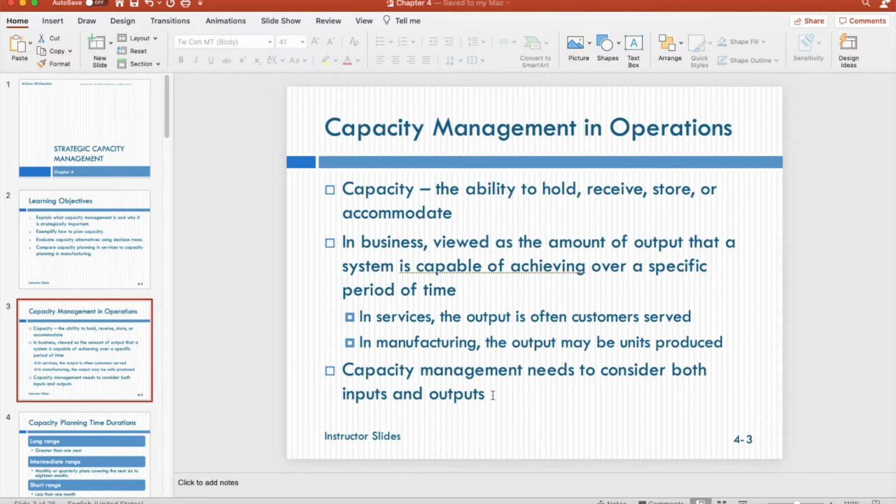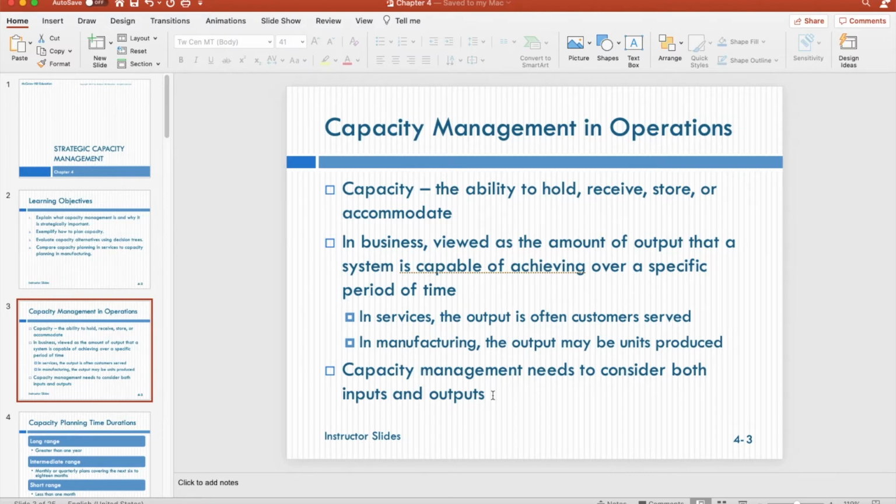Why? Think about this. Why a higher capacity level doesn't indicate that your overall performance level is better? The reason is quite simple, all right? Because each time you try to improve your capacity level, that will incur a few different types of costs.